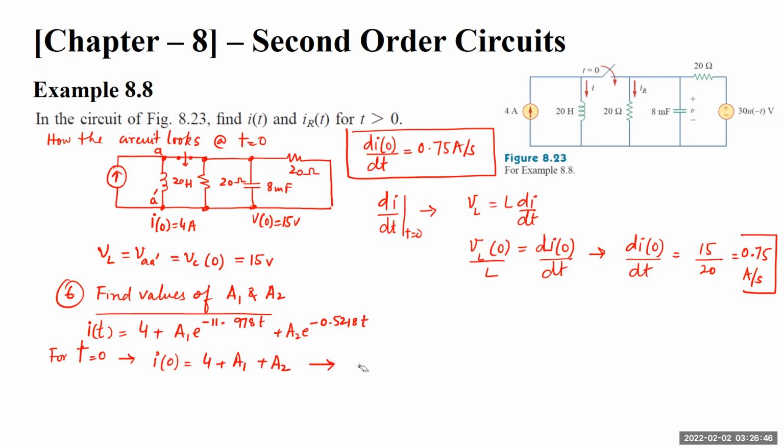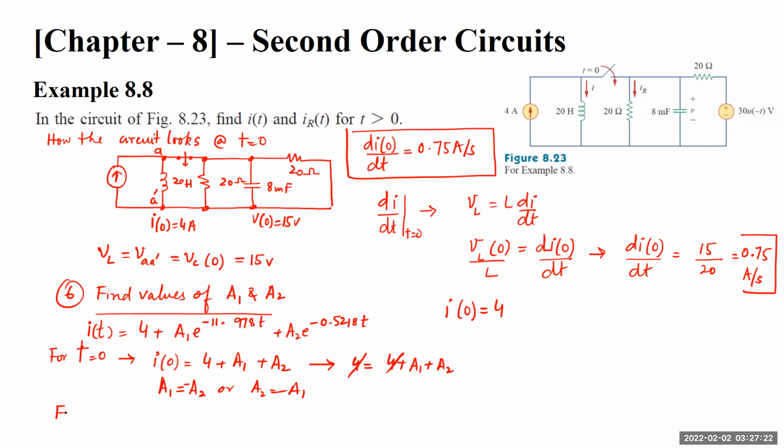And from here, we remember our first initial condition, i(0) is equal to 4. So we simply say that 4 is equal to 4 plus A1 plus A2. These 4s basically cancel with each other. So we get A1 equals minus A2, or A2 equals minus A1, or vice versa. Any of these conditions would be fine.